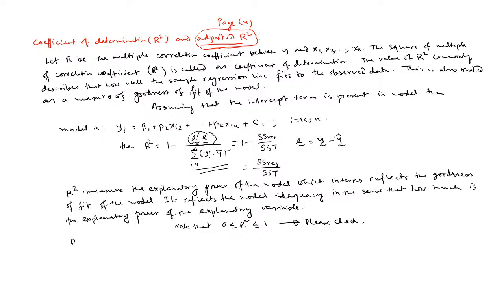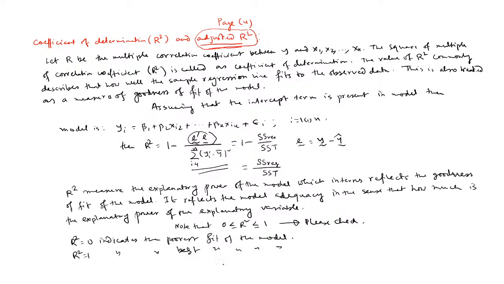R square equal to 0 indicates the poorest fit of the model, and R square equal to 1 indicates the best fit of the model.